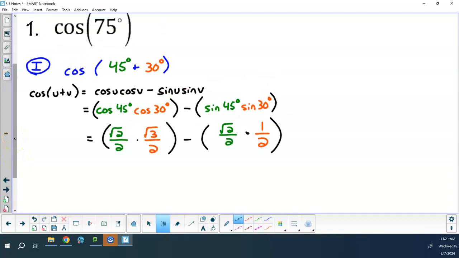Square root 2 over 2 times square root 3 over 2. Square root of 6 over 4. Square root of 2 over 2 times 1/2.